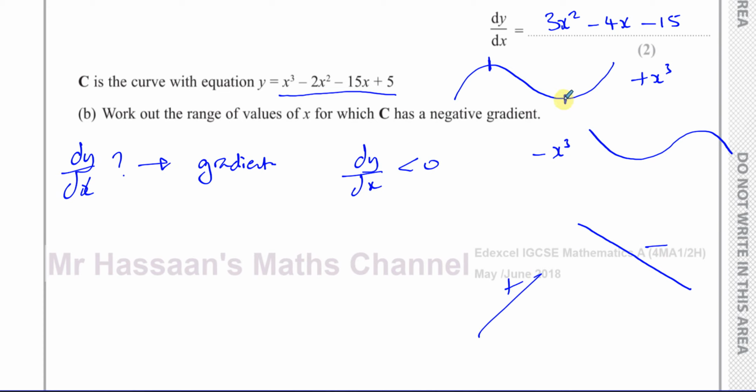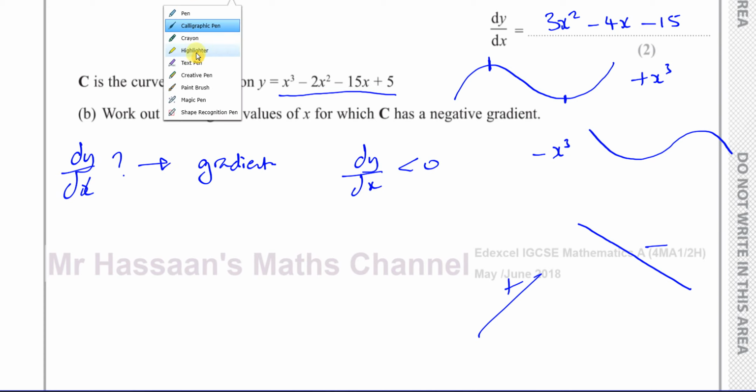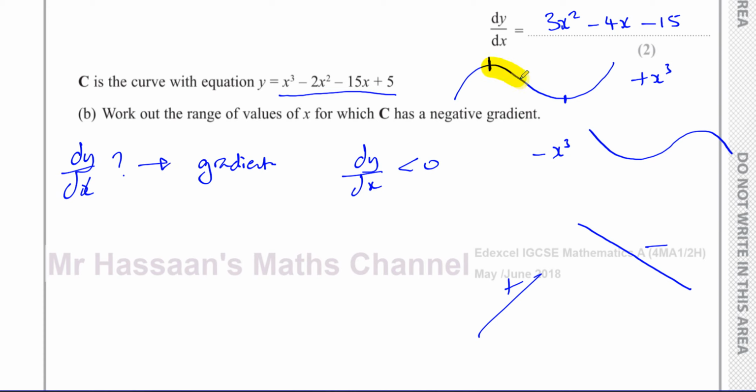So we can see that between these values here, between the places where it turns, these 2 points, between those values you're going to have a negative gradient. So this graph will have a negative gradient between the 2 turning points.